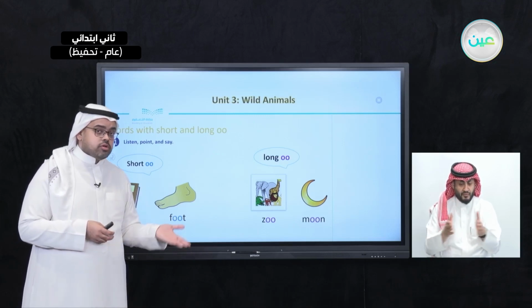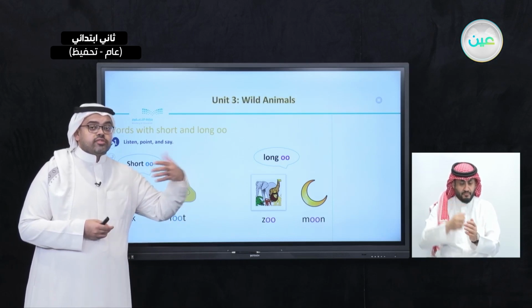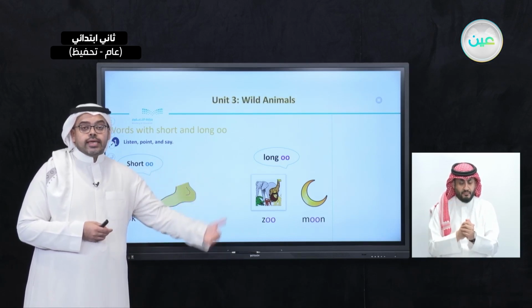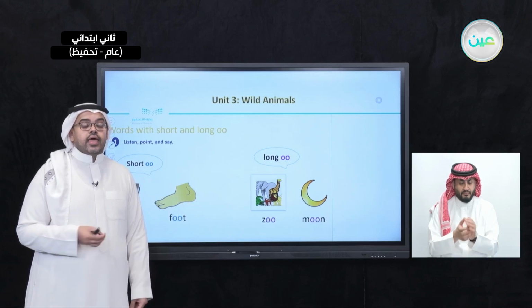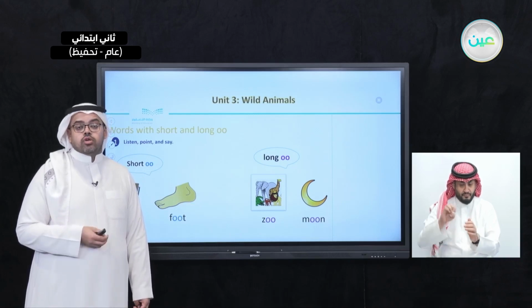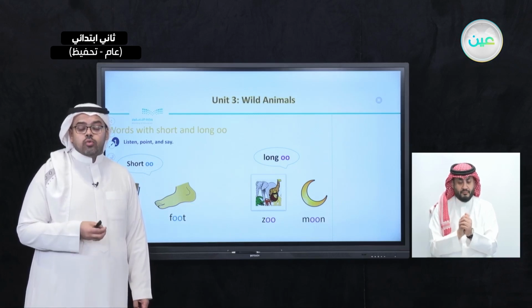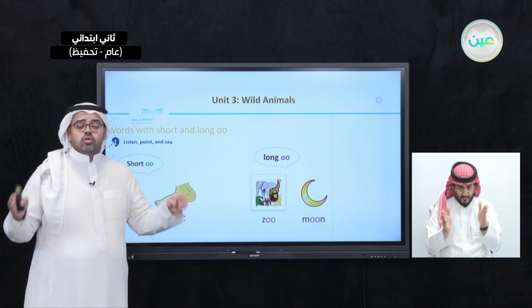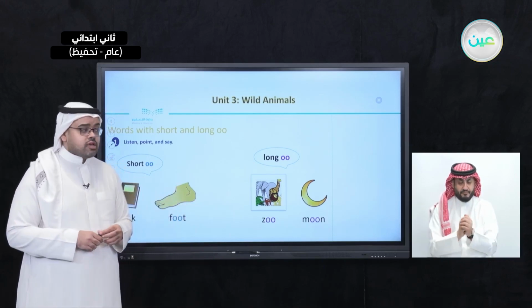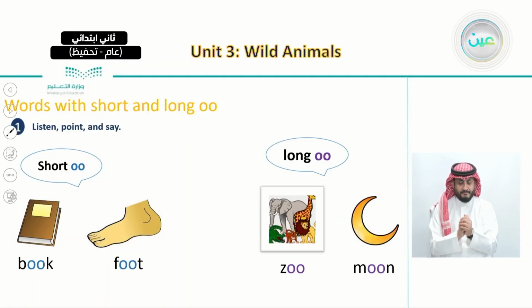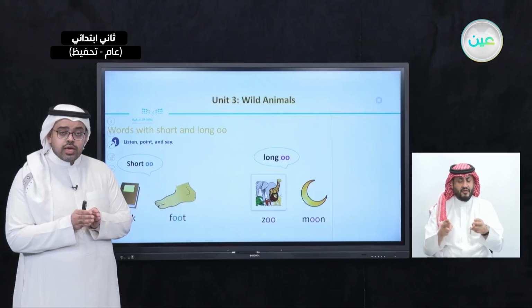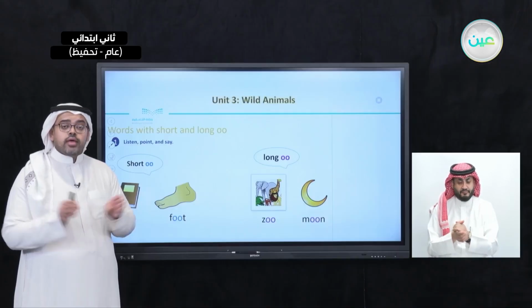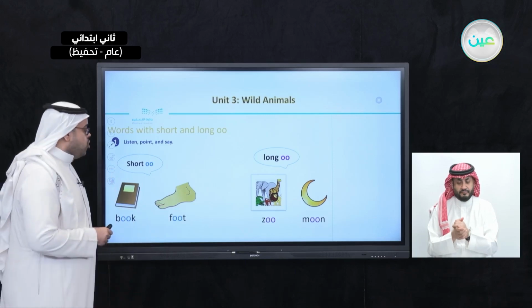And some words sound like long E, as in read, as in meat. So these words have short and long forms of different sounds. This is what we're going to learn today: words that have the same letters but that we can sometimes pronounce with the short form and sometimes with the long form.